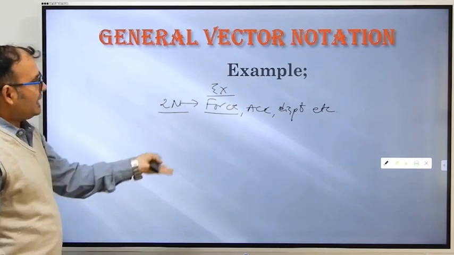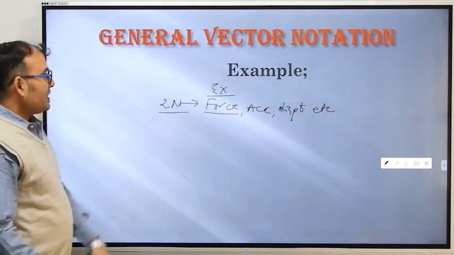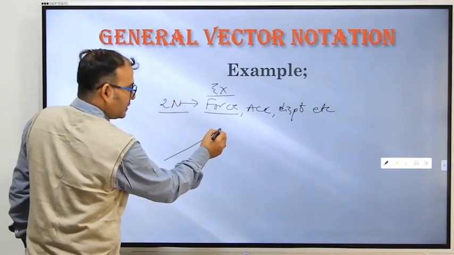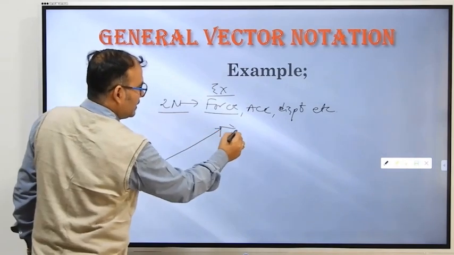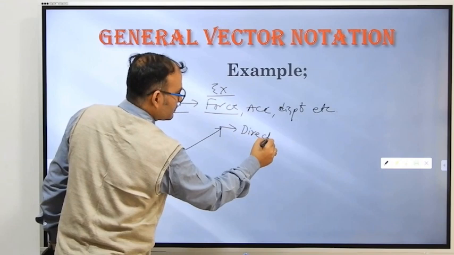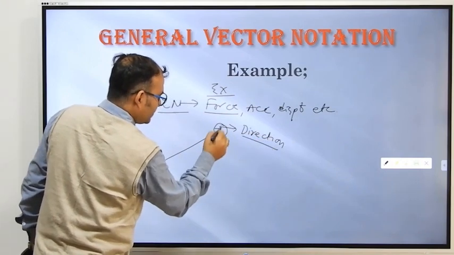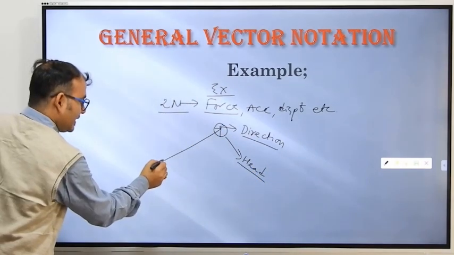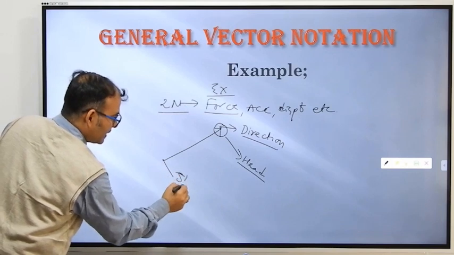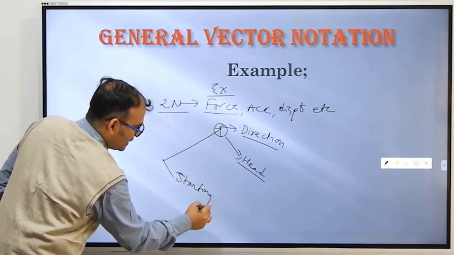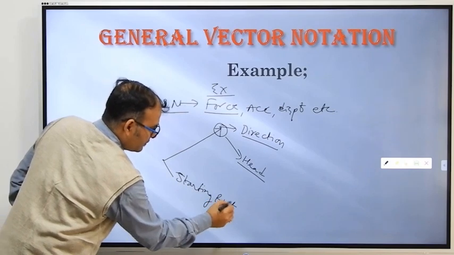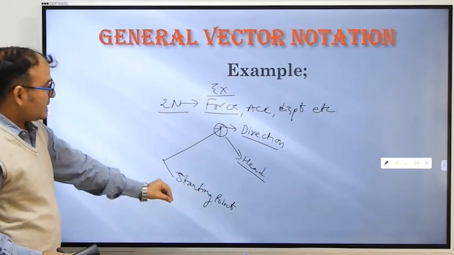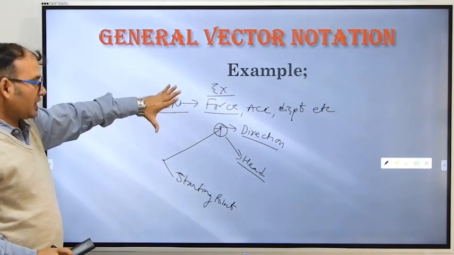So if we want to represent any vector quantity, it is simply represented by an arrow. This is the arrow. The head of this arrow will tell you the direction, and the tail will tell you the starting point of that particular physical quantity.